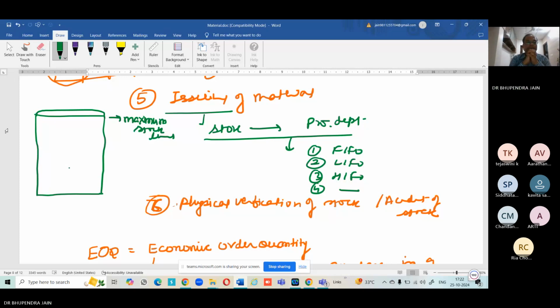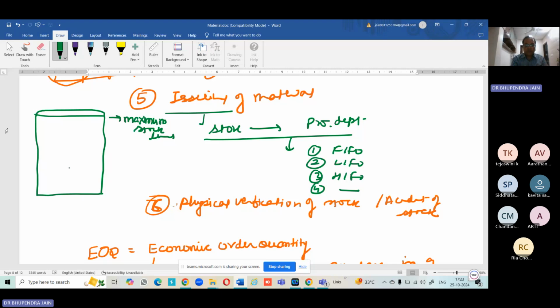This means you cannot purchase or store material over and above the maximum stock level. If you purchase the material over and above the maximum level, definitely you need unnecessary space to store it, and your money is unnecessarily blocked.